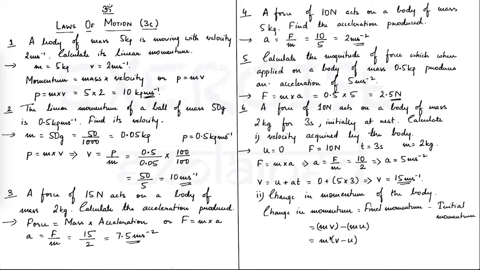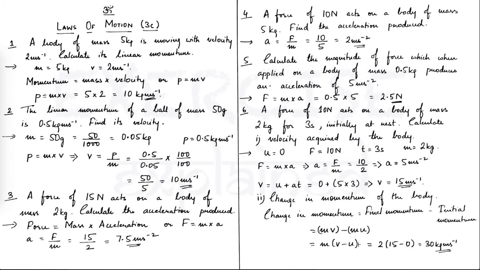So I have taken m common and I get m(v minus u). That is m is given as 2 kg in the question, and we found v out to be 15 here, and initial velocity is 0. So 2 into 15 gives us 30 kg meter per second.